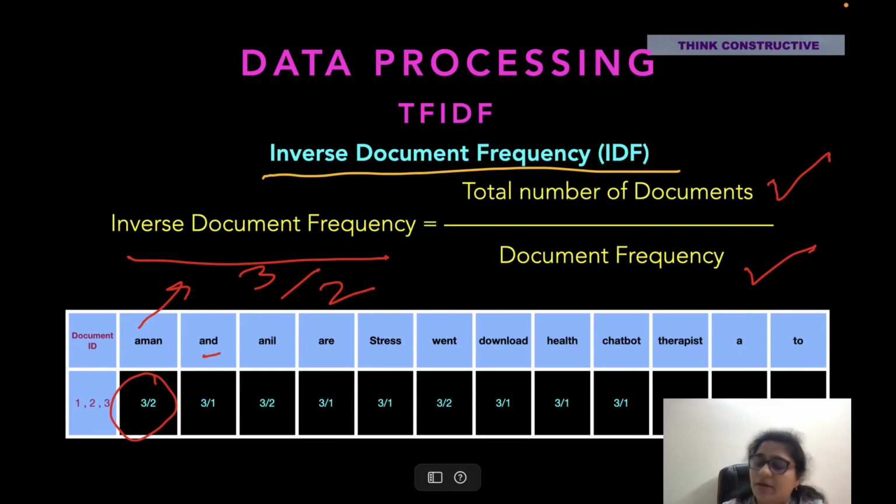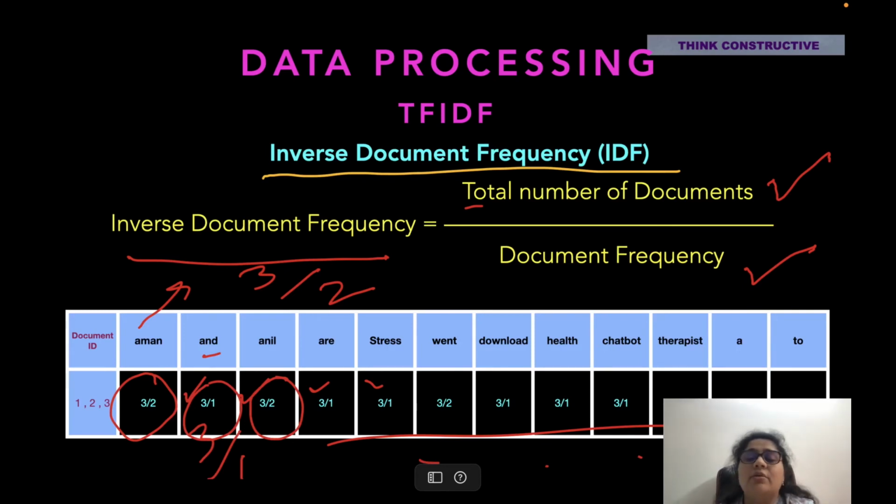Because these are the list of words from all the documents. So it is 3, 3, 3, 3 everywhere, in all the words you can see. But those will be divided by document frequency, and document frequency for each word may be different, may vary. So for and, it is 3 divided by 1. See? Anil, 3 divided by 2 and so on.